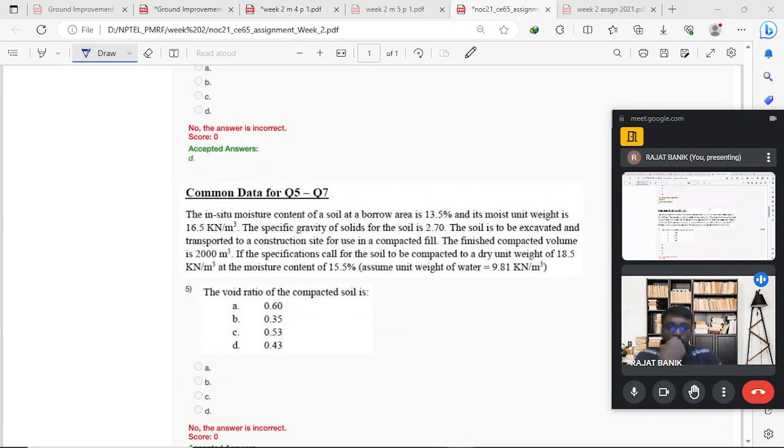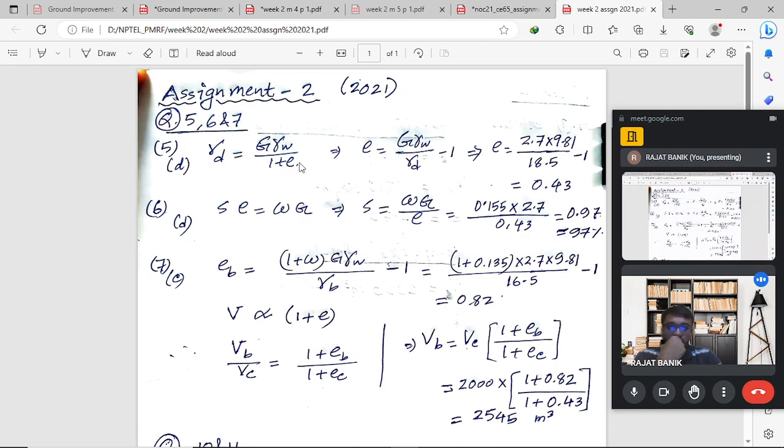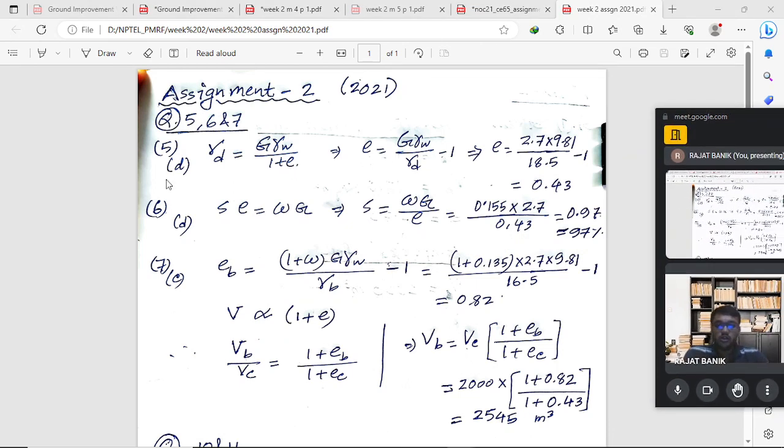To solve this problem, I now forward the solution. To solve question 5, we applied this formula. To solve question 6, we applied this formula. And to solve question 7, we applied this procedure. So we get the correct answer for that.